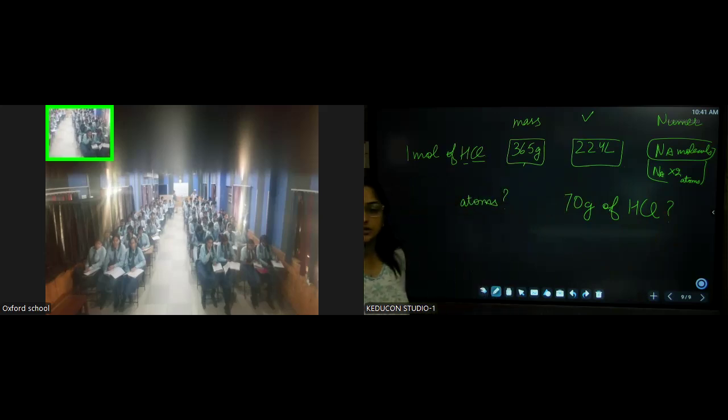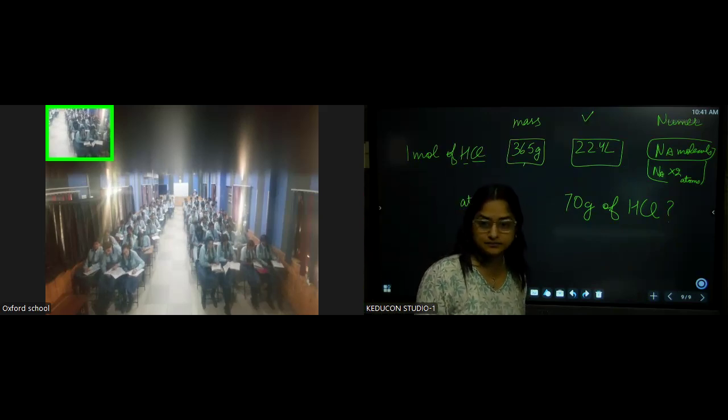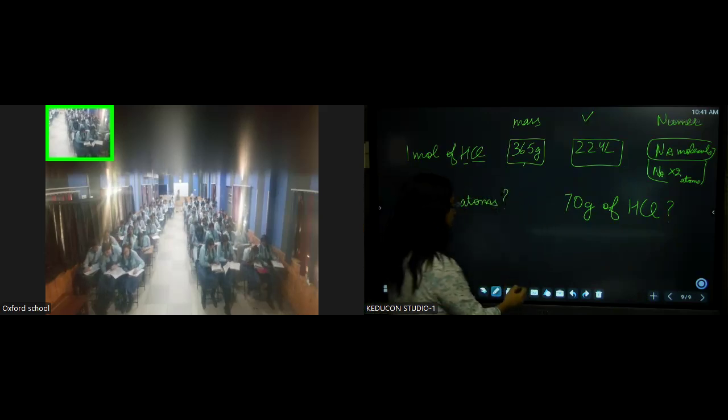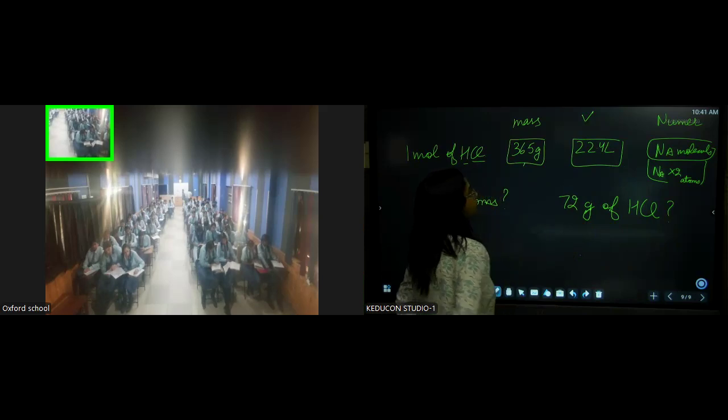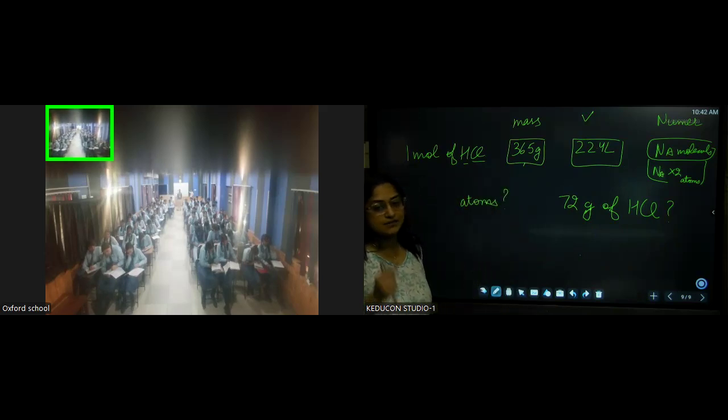This is the question. आपको कैलकुलेट करना है नंबर ऑफ एटम्स इन 70 grams of HCl या 72 grams कर लो. ठीक है. 72 grams of HCl में you have to calculate how many number of atoms are present.